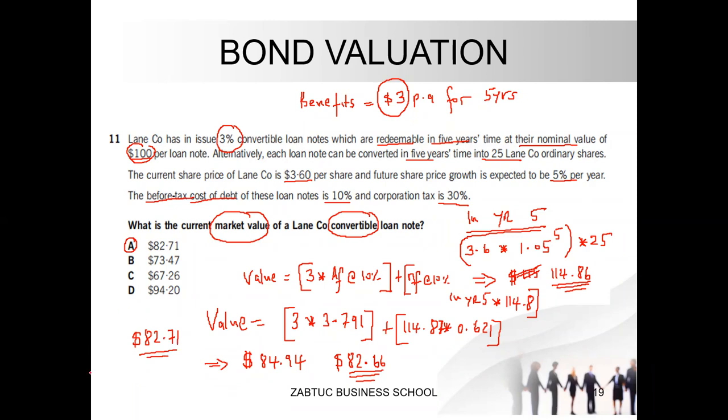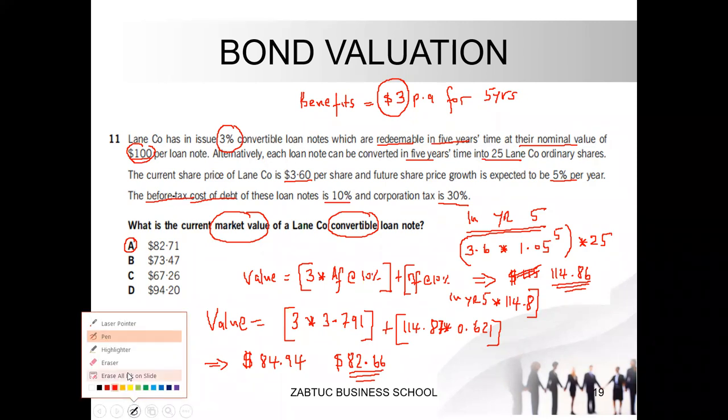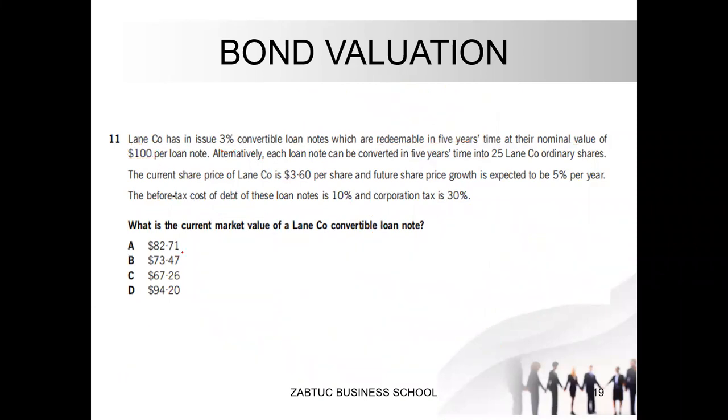So let's just go through what we have done again. How do you find the market value of a bond? You simply discount all the benefits. You find the present value of all the benefits. Our bond here is a 3% bond, meaning that if you buy it, you're going to receive interest.